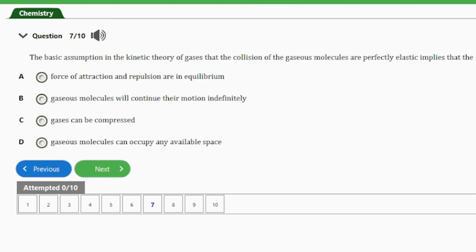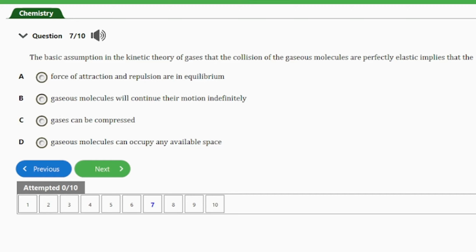So guys, the question says the basic assumption in the kinetic theory of gases that the collision of the gaseous molecules are perfectly elastic implies that the A, force of attraction and repulsion are in equilibrium, B, gaseous molecules will continue their motion indefinitely, C, gases can be compressed, D, gaseous molecules can occupy any available space.